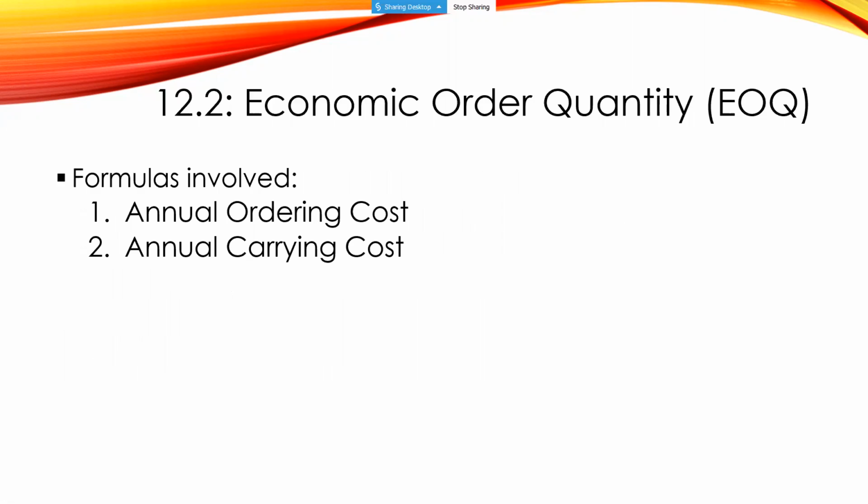Okay, so there are a couple of different formulas involved in coming up with economic order quantity, and they're both on about the first half of page 246. There's what's called annual ordering cost and annual carrying cost. And then the total annual cost of inventory is the sum of the two.